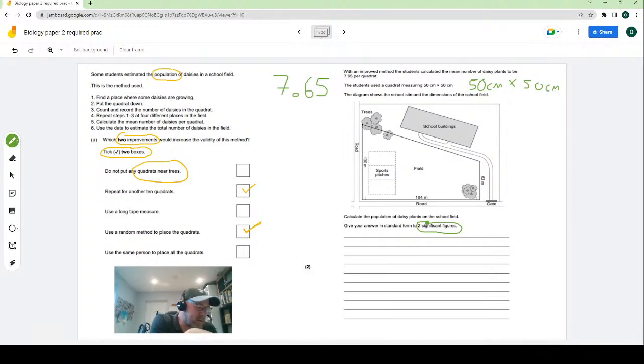Hold on, Adam. Be careful, Adam. What did you divide? You worked out 2,500 centimeters are in the quadrat, but you divided by 100.